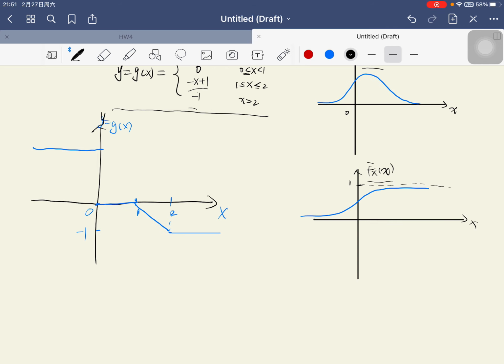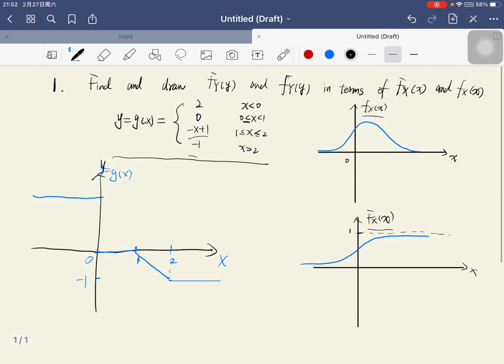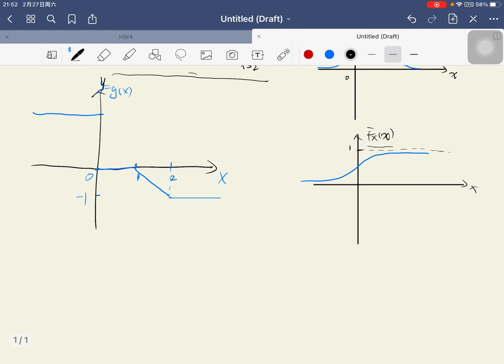use this graph to compute the probability of y. The probability of y equals -1 is equal to the probability of x over 2, so it is equal to 1 minus the distribution function of x at value 2.